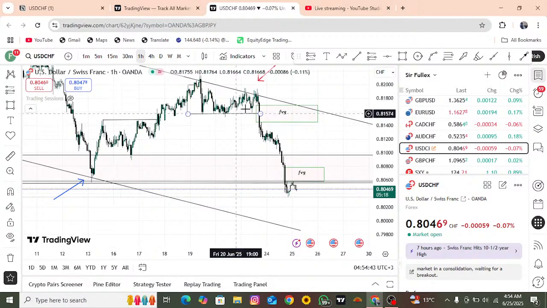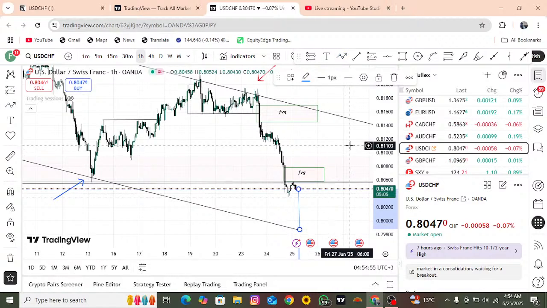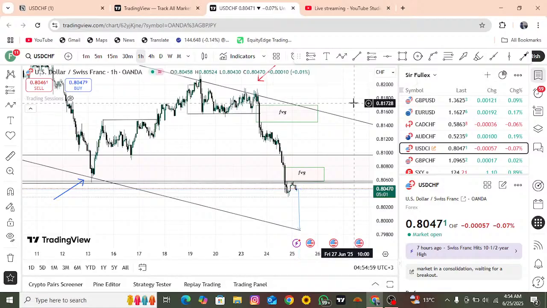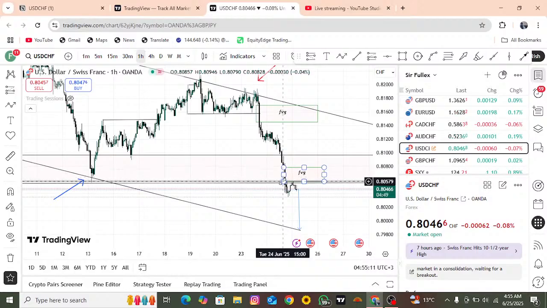So here in the 1 hour, perhaps thinking if you can have a push down, but again, it might not happen because of the so many imbalances. I can see price just broke below this low, closed below the low.